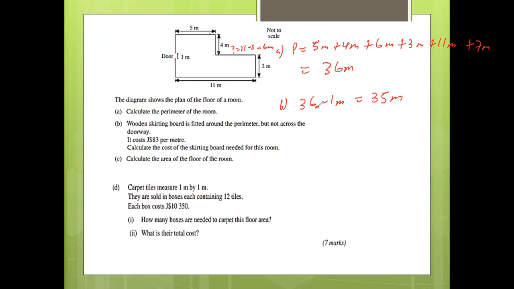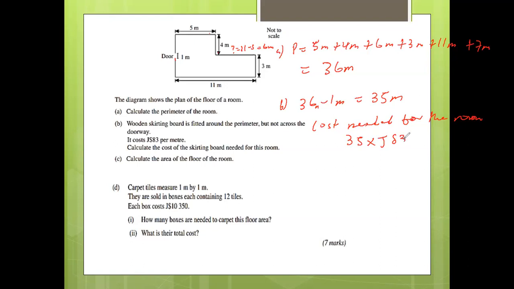Follow? Then we are going to say that the cost needed for the room is going to be 35 times what? Jamaican $83.